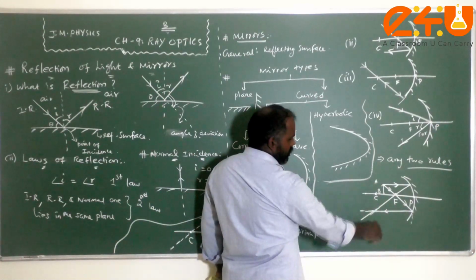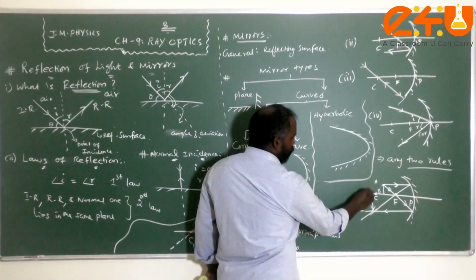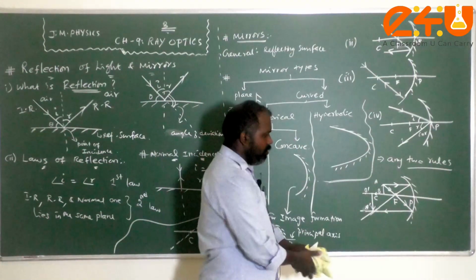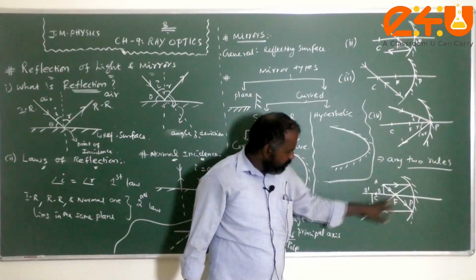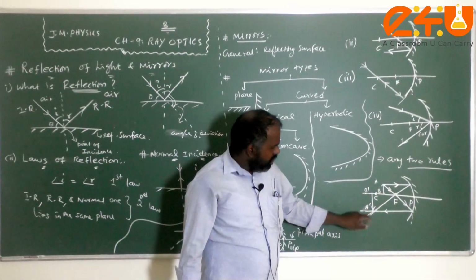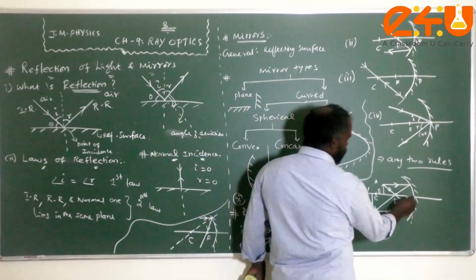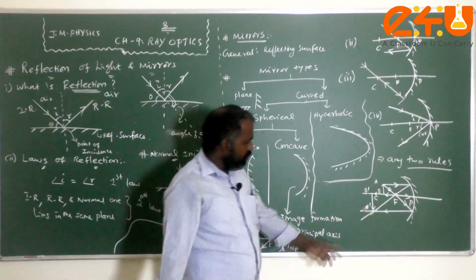It intersects in the downward direction, so I can draw it downward, that is B dash and what, children? A dash. It is A dash because this light ray is coming from A, and this light ray is like the normal incidence. It goes and comes back. So this is the image.